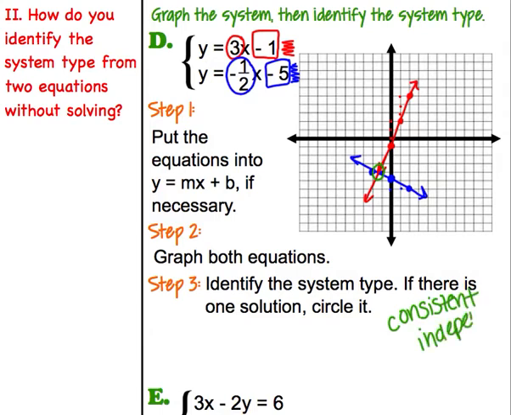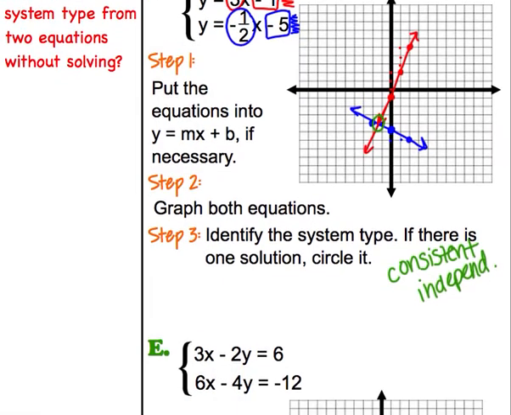And I remember independent versus dependent because if it's independent, it's going to cross, it's one unto itself. There's one solution. You're all by yourself, you're independent. Whereas if one line lies right on top of the other line, that makes it dependent because you're relying on that other line for everything.